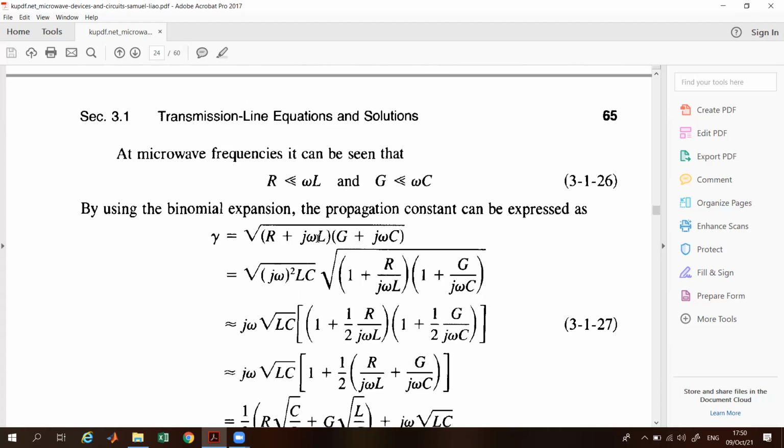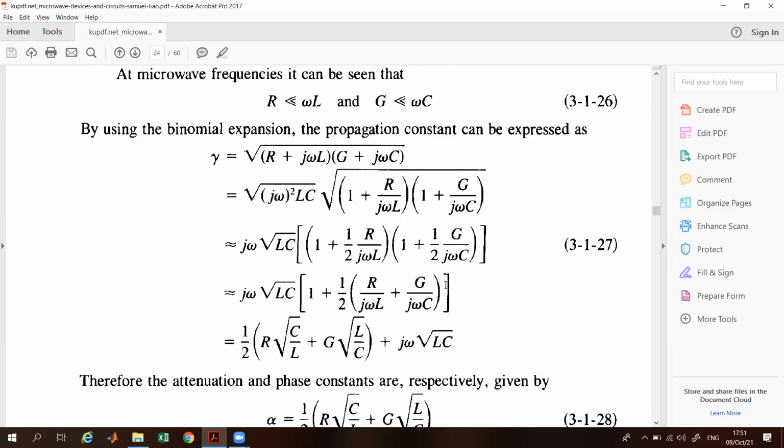So when you take j omega L common from one and j omega C common from the other, it will be j squared LC taken out, and this part will become 1 plus R divided by j omega L, and this part will become 1 plus G divided by j omega C.